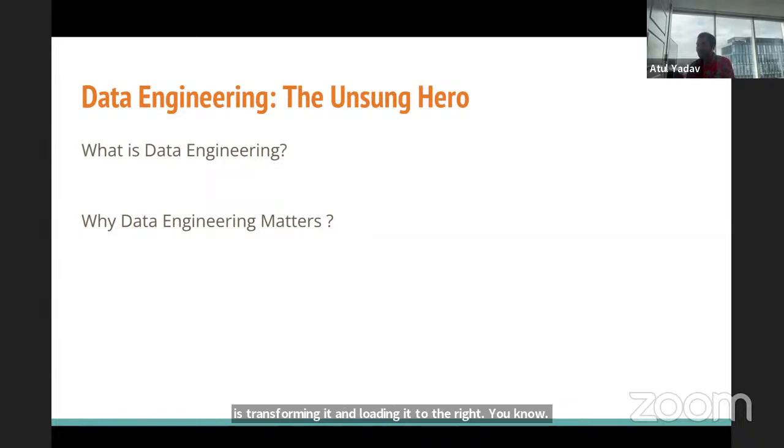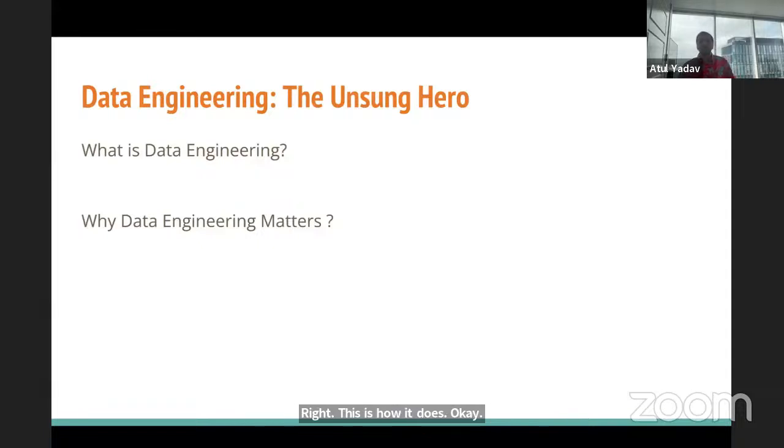From there the business can do analytical things and model development as well. This is what data engineering does in the industry.